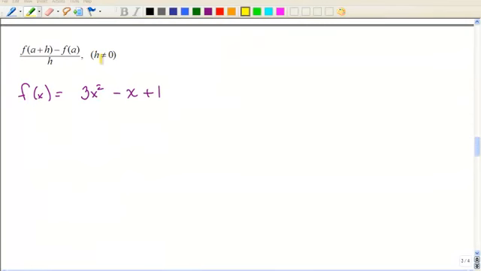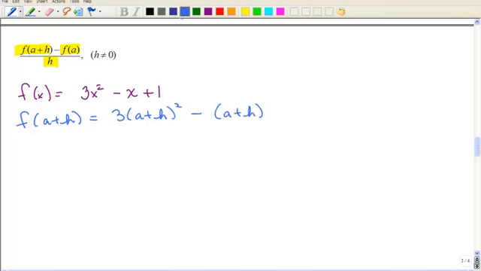All right? Just like the last example, we're going to take this expression and find f of a plus h first, then f of a, and subtract them. And the last thing we're going to do is divide by h. So I'm going to get started here and find f of a plus h. Everywhere there's an x, I'm going to replace it with a plus h.